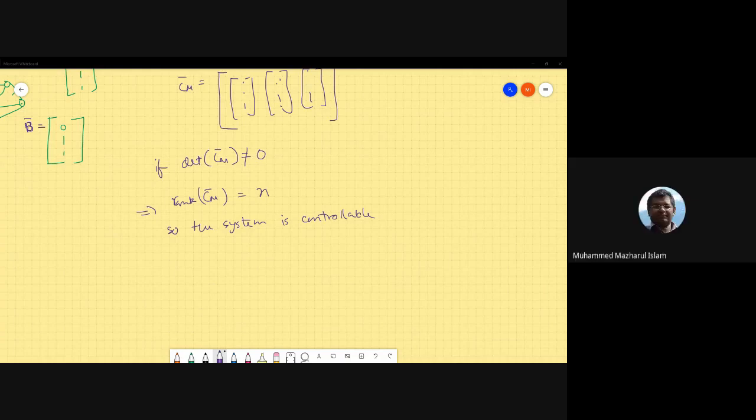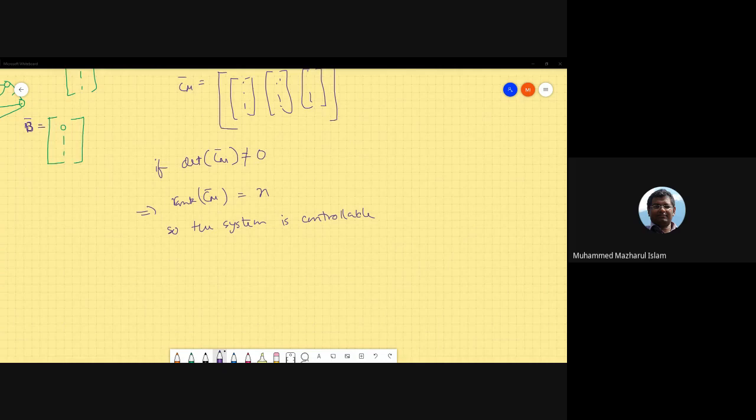Rank of a matrix is actually the number of linearly independent rows or columns. So rank is an operation, and there are several ways through which you can get the rank. You've possibly learned this in EEE 203. These are related to numerical solutions. So an easy way to check whether the rank, at least the rank, is equal to the size of the matrix.